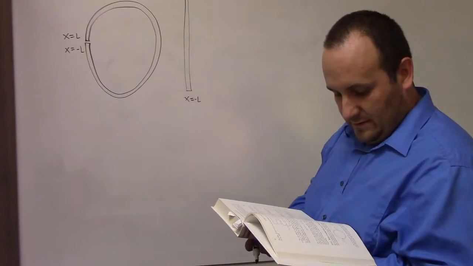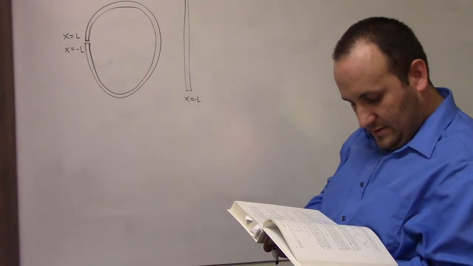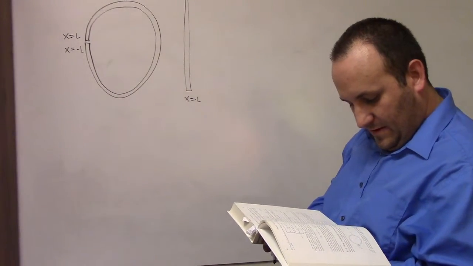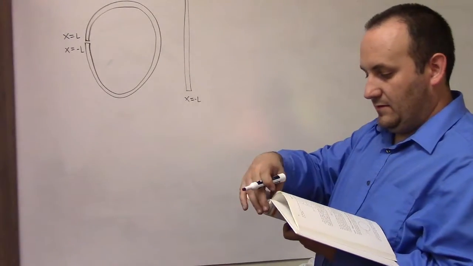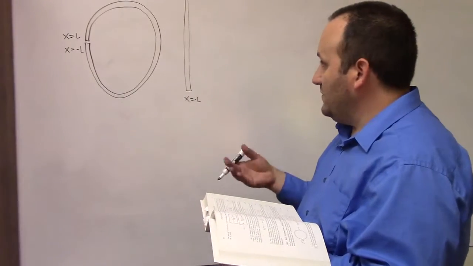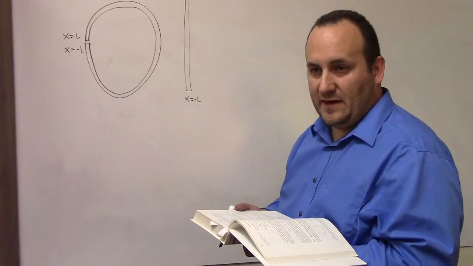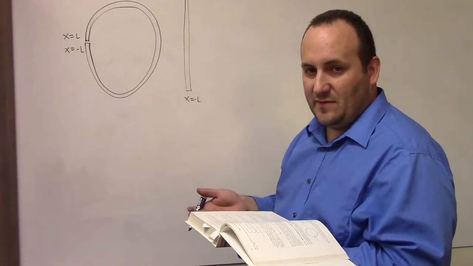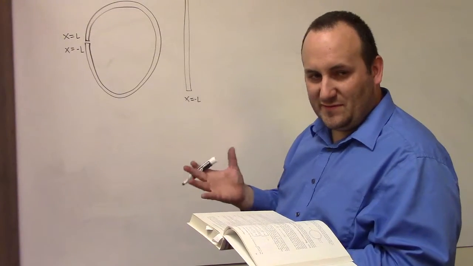And the reason we're using 2L rather than L is so that, as he explains later, he gets the same sort of formulas for the eigenfunctions.